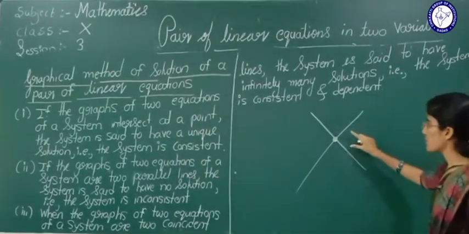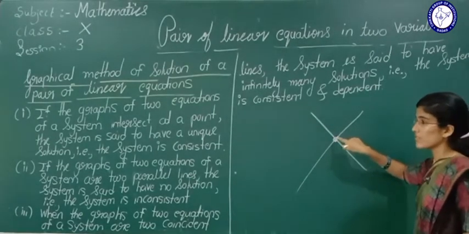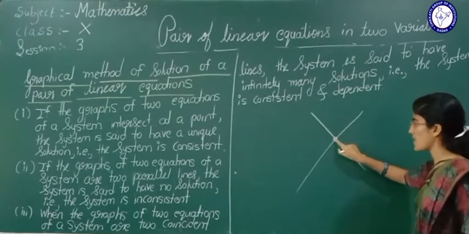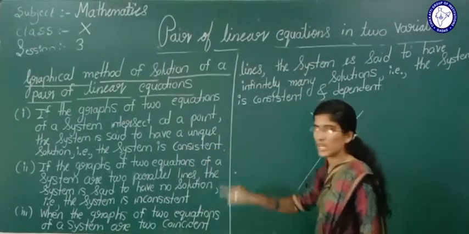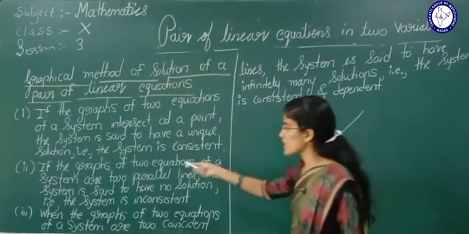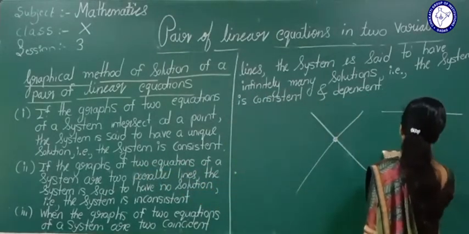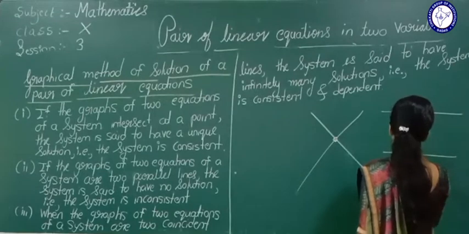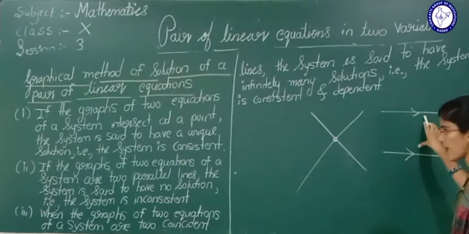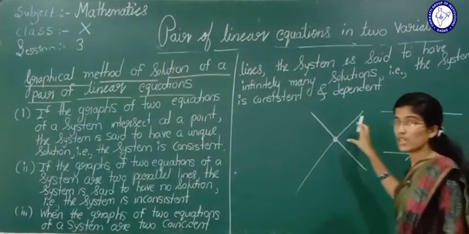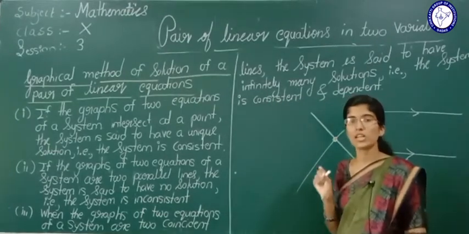If the graphs of two equations intersect at a point, then the system is said to have a unique solution. The system is consistent. If the graphs of two equations of a system are two parallel lines, when we plot the two linear equations, then the system has no solution.